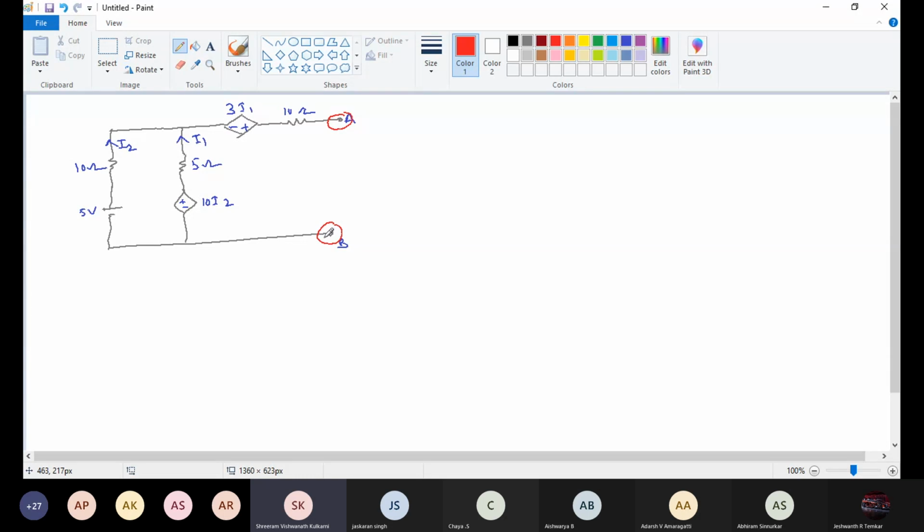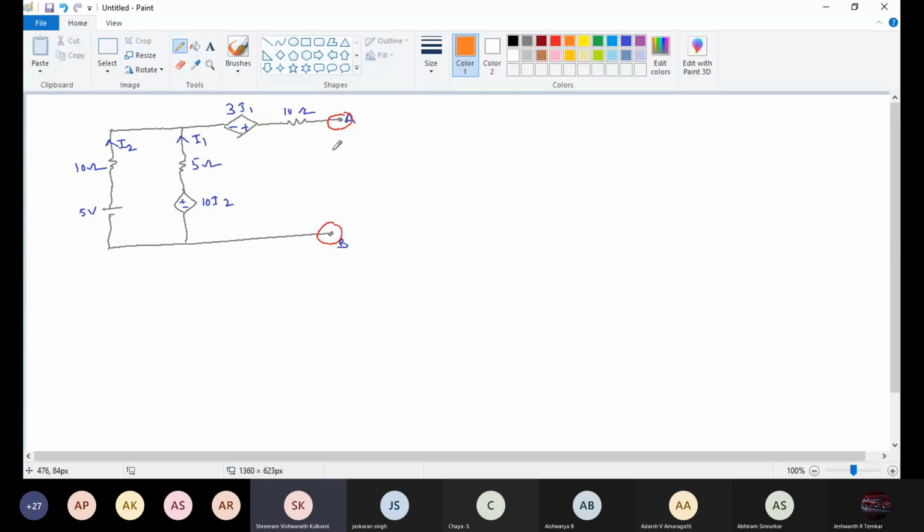First, how many loops are there? By seeing this network, we can easily tell. One loop, because these A and B are open circuit. In the question they are given this one as open circuited, so we need to find VTH for our Rn.